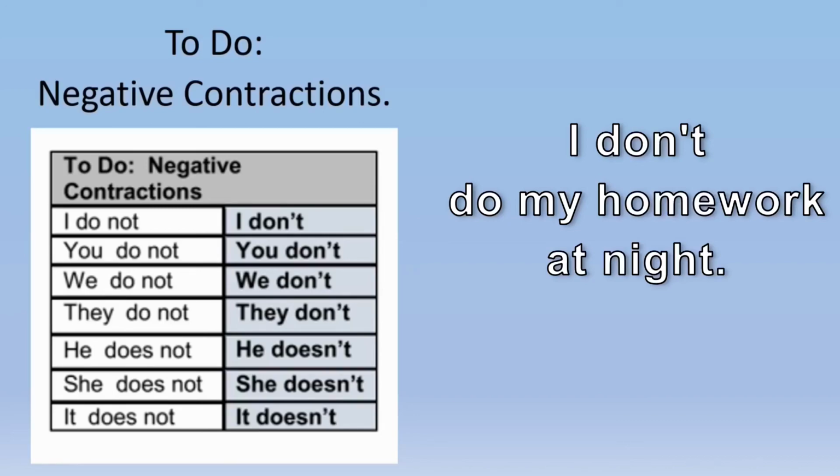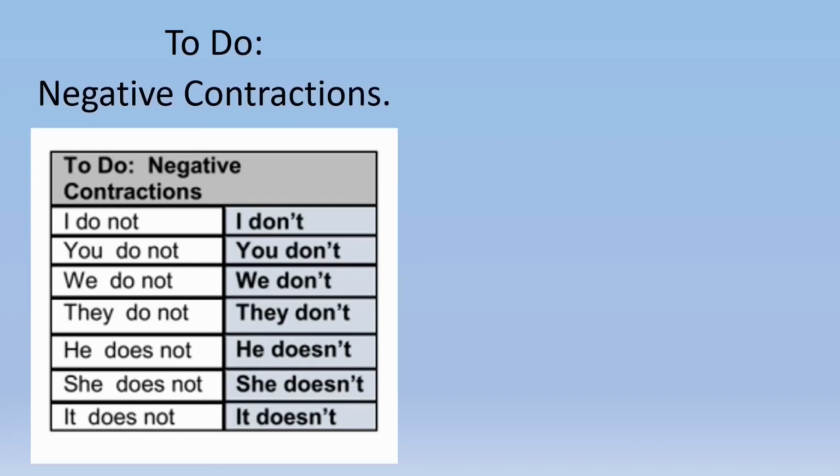Let's go through the contracted form of the verb to do. We'll be using it a lot, so you really need to know this. I'll read and give you a chance to repeat. Try to repeat along with me. I do not. I don't. You do not.